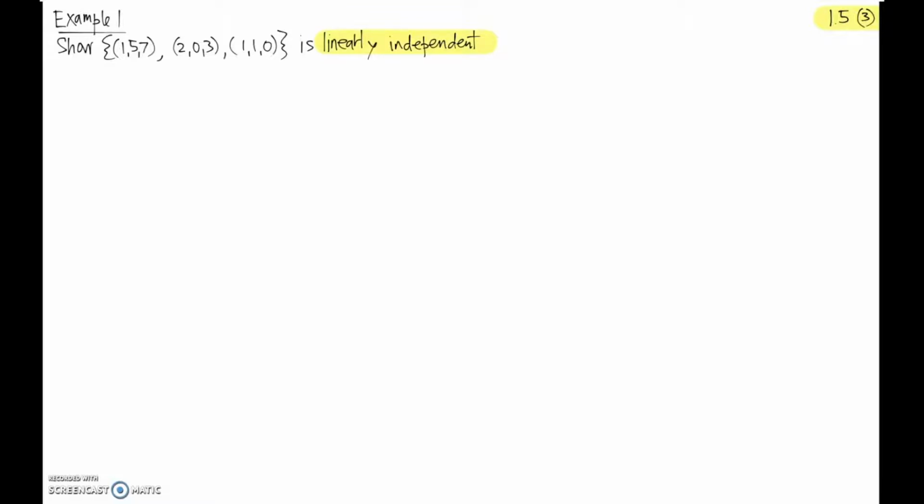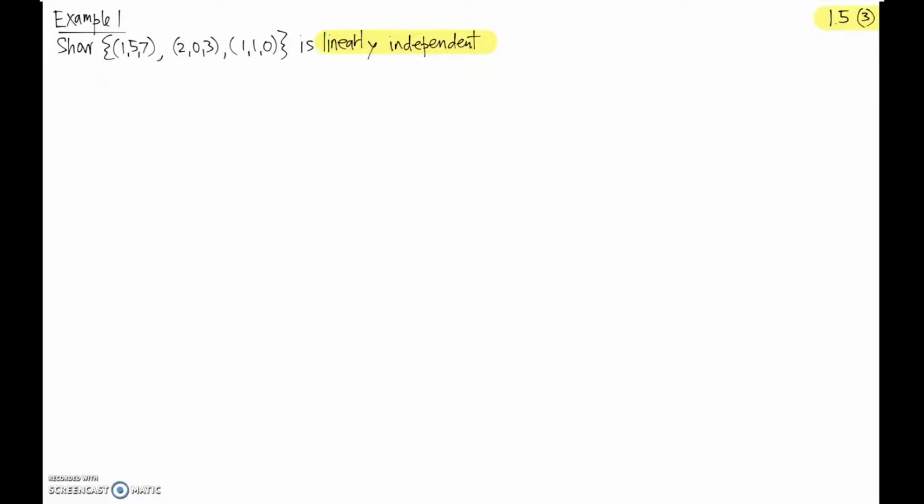And we have to think, how would we show that? The test for linear independence has to do with a bunch of constants: a constant multiplied by this, plus a constant multiplied by this, plus a constant multiplied by this. If that equals the (0, 0, 0) vector, then the only possibility is that those constants were all 0.